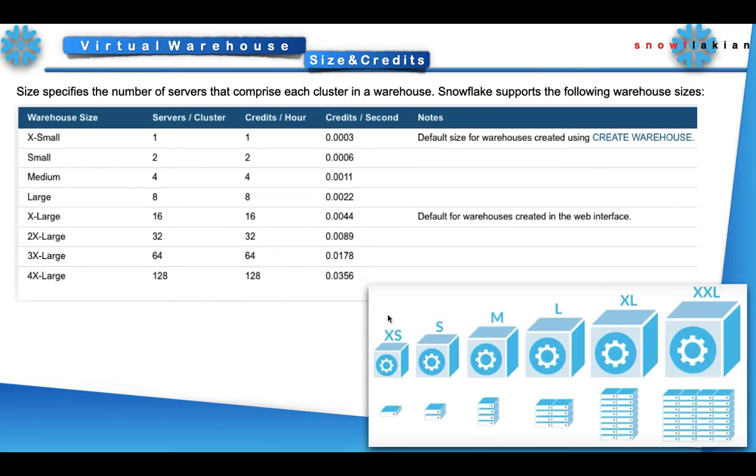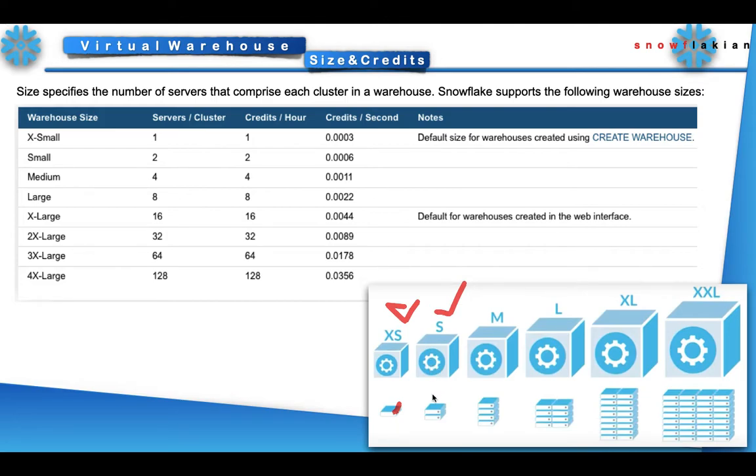The more servers, the bigger the size. Consider the extra small, which has only one server. Suppose you are using an extra small virtual warehouse, and your query performance is not that good and it is not capable of processing the data. Then you can resize your warehouse and move to size small.